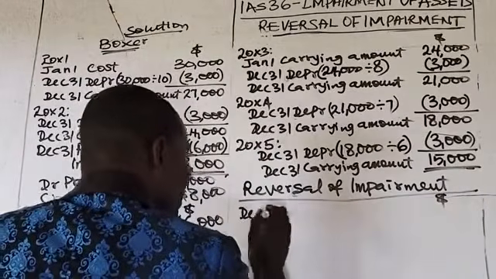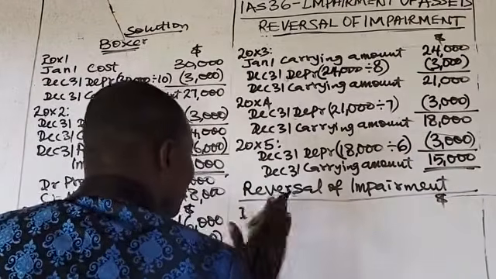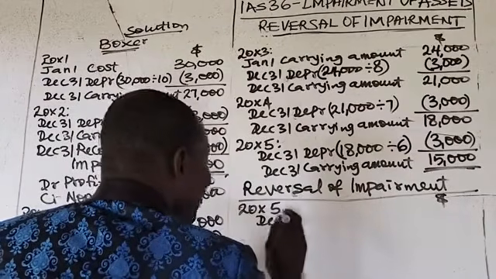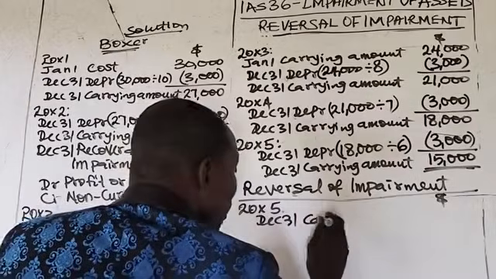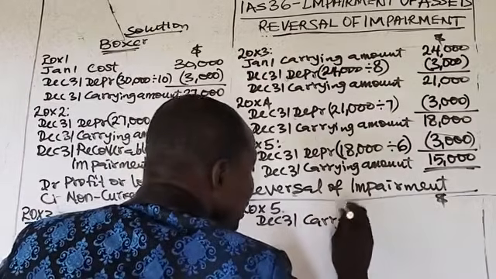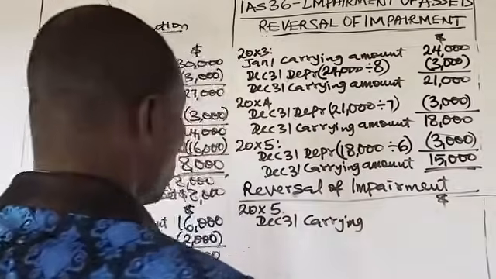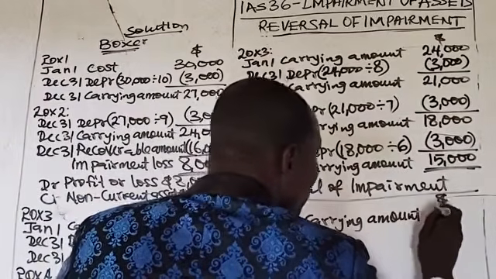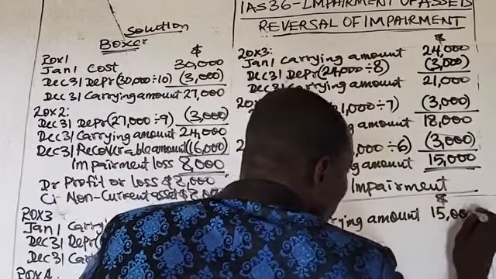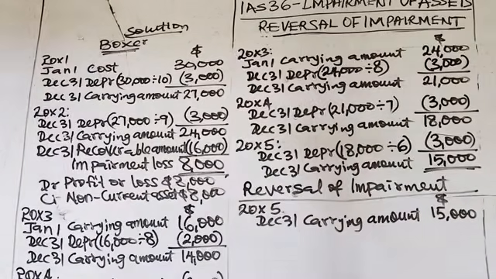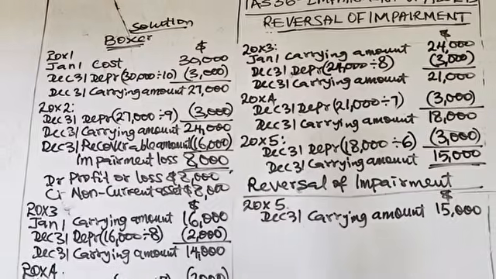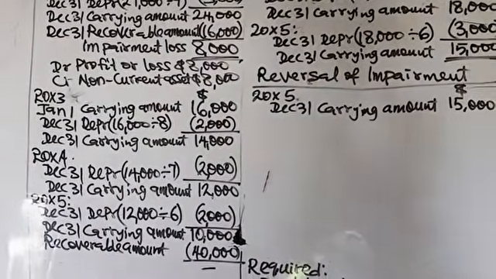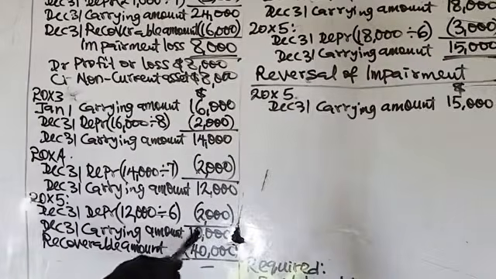As at December 31st, 20x5, the carrying amount based on the depreciated historical cost is 15,000. But if the impairment loss has been recognized, then the carrying amount will be 10,000.